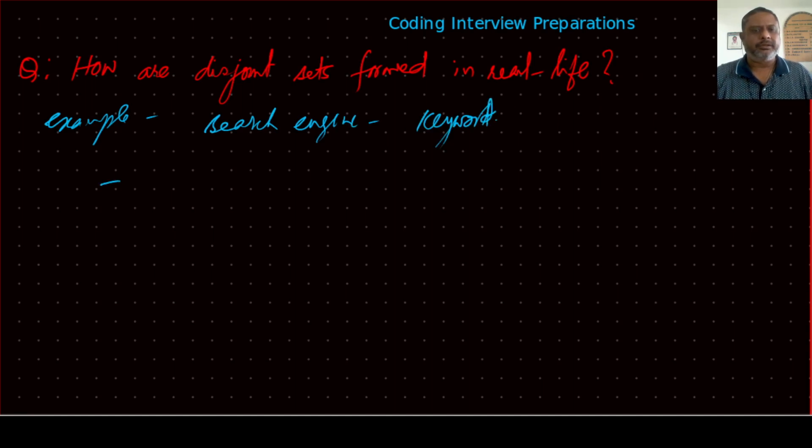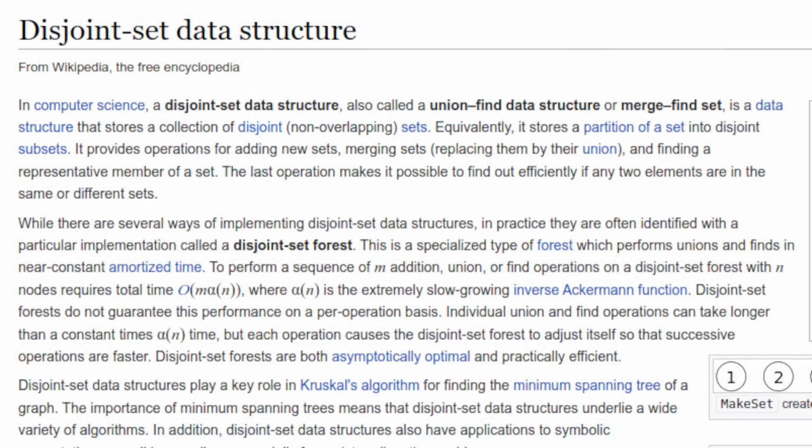If we search something, the most common place to look for details is, say, Wikipedia. So we get into Wikipedia and see what we get. As an example, we search for disjoint set data structure, and we get this page which we call a home page.